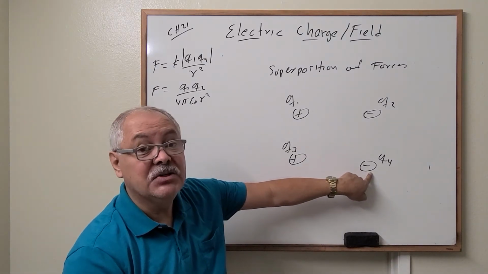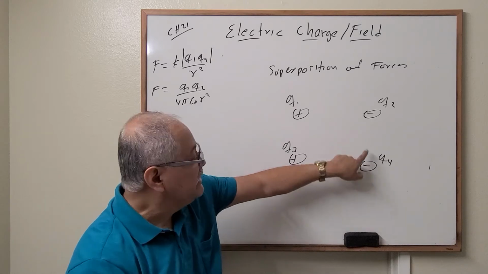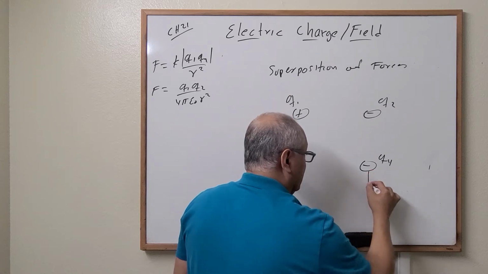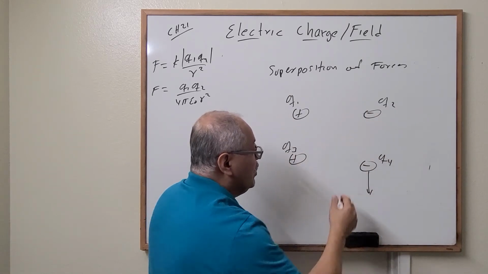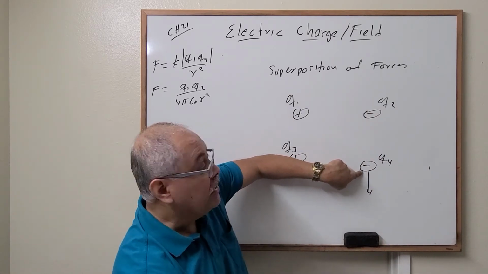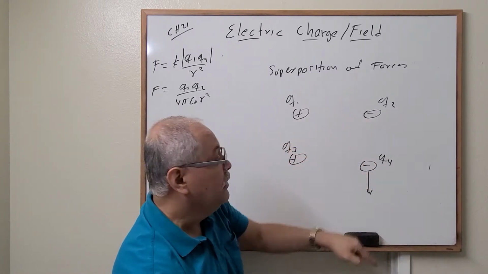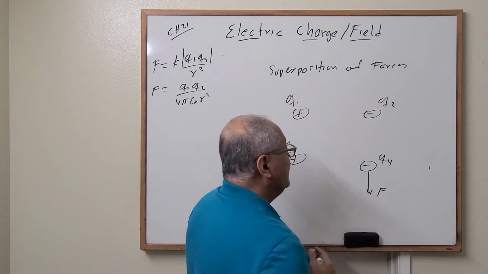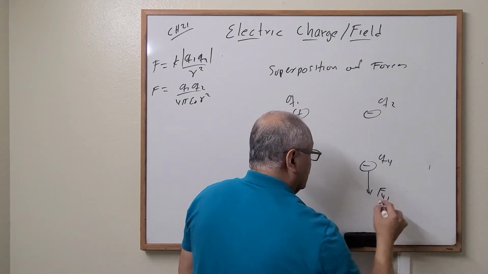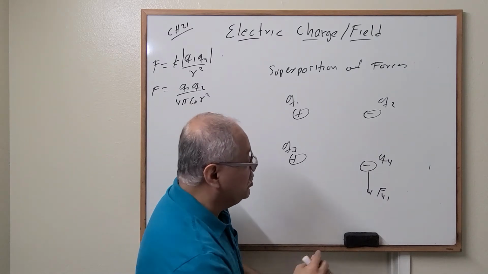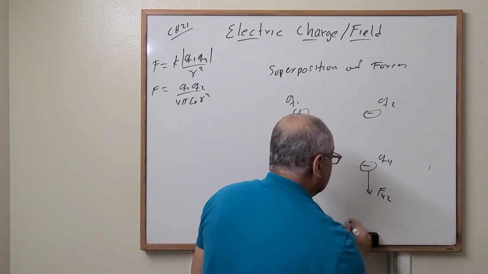Again, this is similar to a free body diagram. Let's see all the forces acting on this charge. The force acting on this charge due to this charge is going to be in this direction because these two repel. We represent this as the force on 4 due to charge 2.